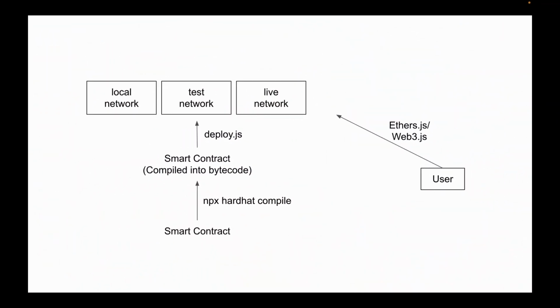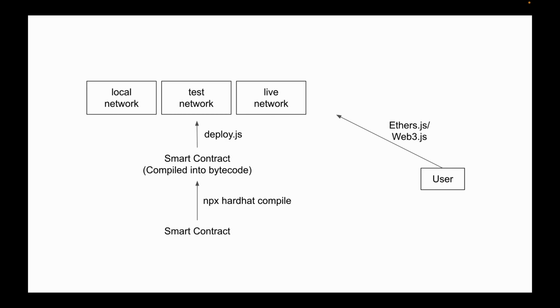Before we start coding, I want to show the overall flow of how all these things work in place. First, we write a smart contract in the Solidity language, and then we compile it into bytecode using the Hardhat framework. The reason it must be compiled into bytecode is that the Ethereum virtual machine is not able to read pure Solidity.